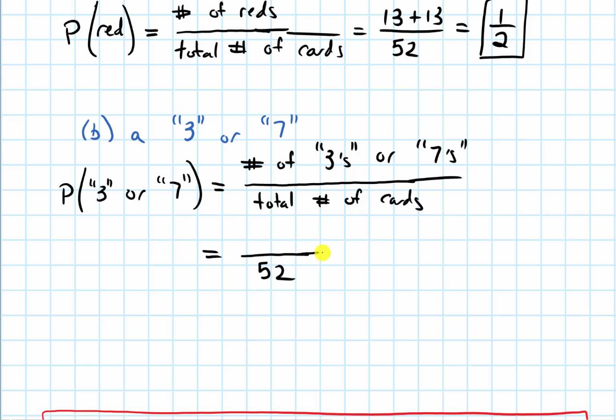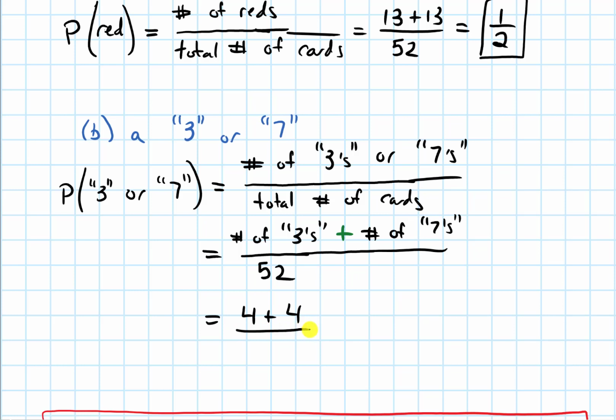And on the top, if I want to count the number of 3s or 7s, conceptually, I just have to count the number of 3s and then add that to the number of 7s. All right, and in our deck of cards, there's 4 3s and there's 4 7s.